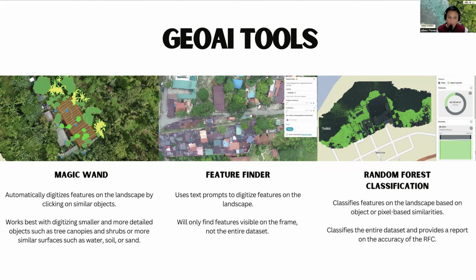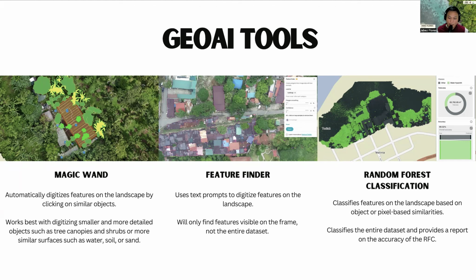First up is the Magic Wand tool. This tool is like a shortcut for your mapping projects. With just a click, it automatically digitizes features by recognizing similar objects. It's particularly effective for smaller, detailed elements like tree canopies and shrubs, or continuous or homogeneous surfaces like water or sand or soil.